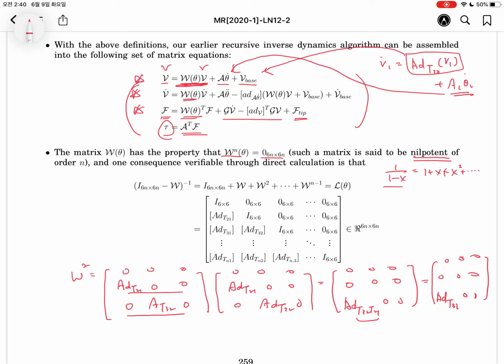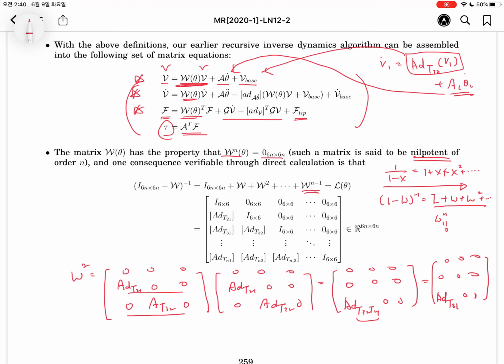Do you remember this kind of Taylor expansion? It is extended to the matrix. (I minus W) inverse will be the identity plus W plus W squared, and so on to infinity. But W to the n will be 0.